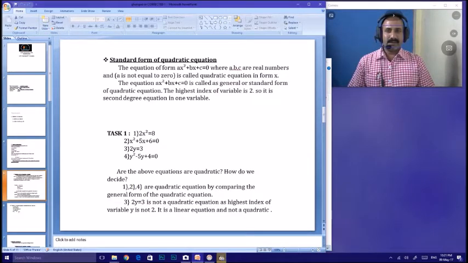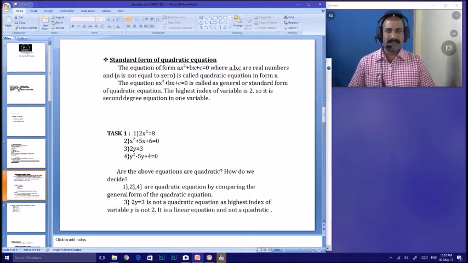The equation of the form ax square plus bx plus c equals 0, where a, b and c are real numbers, a is not equal to 0, is called a quadratic equation in the variable x.